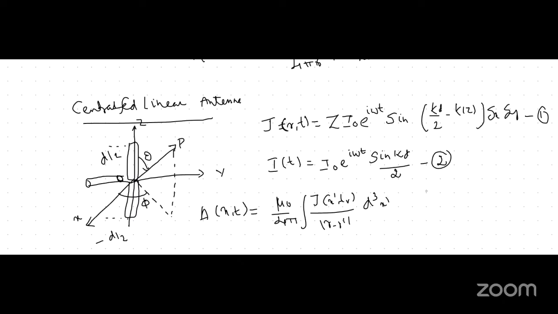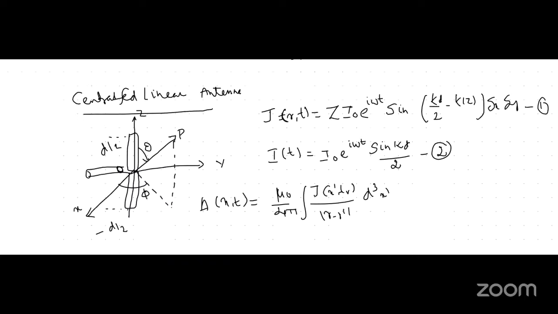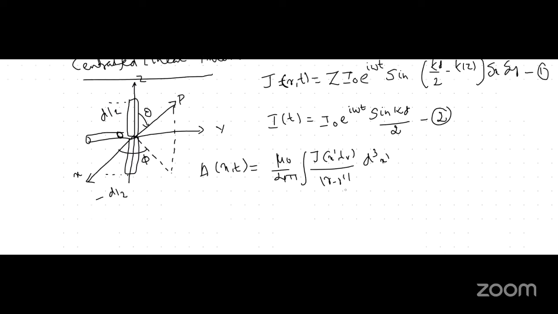So here we have j of x dash, and that is, from equation 1, we have j of r, t value. Here we will substitute and we will get the value of A of xt.